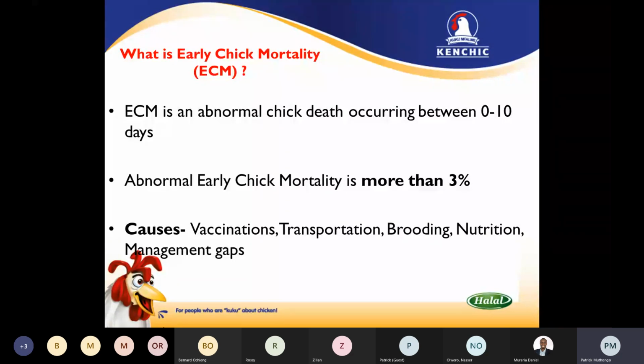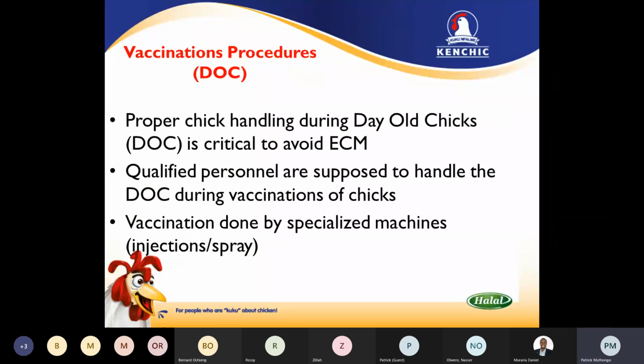It is because some chicks are delivered to your farm pre-vaccinated. Immediately they are hatched, kifaranga anachanjwa, anapakejiwa kwenye box, transported and taken to your farm to begin its life.